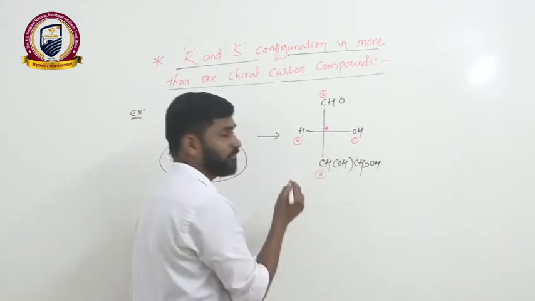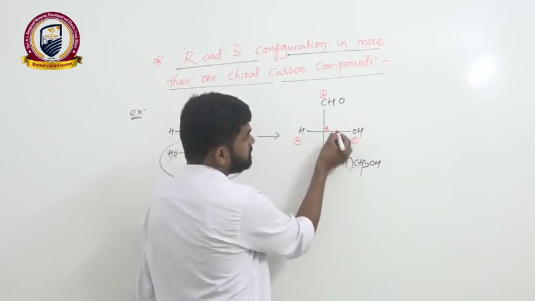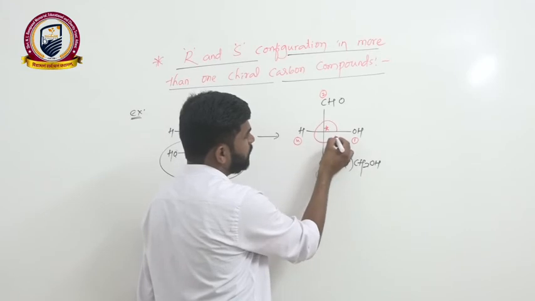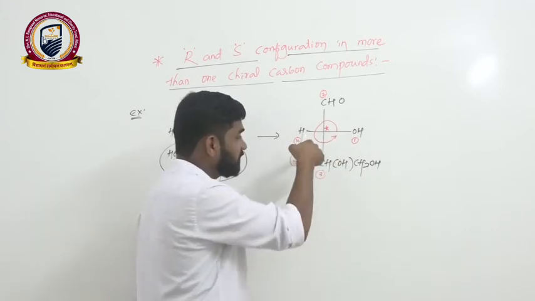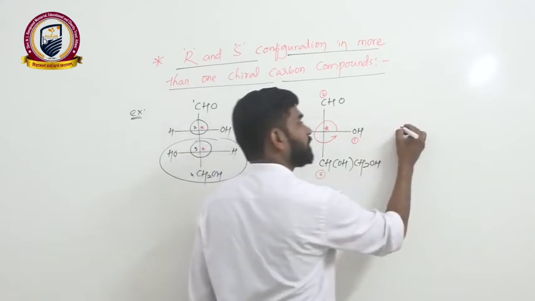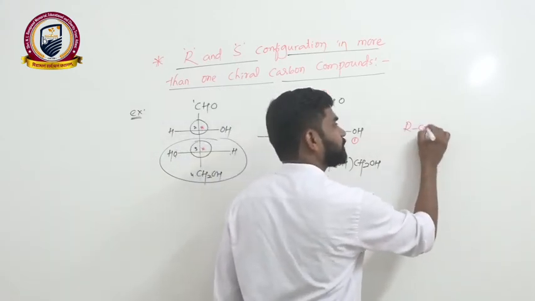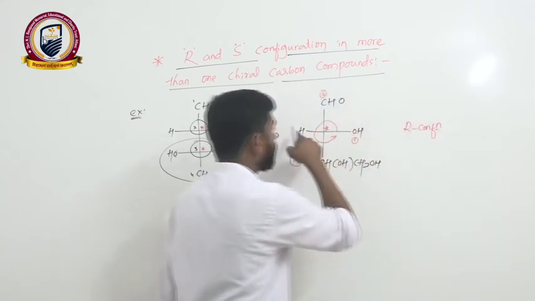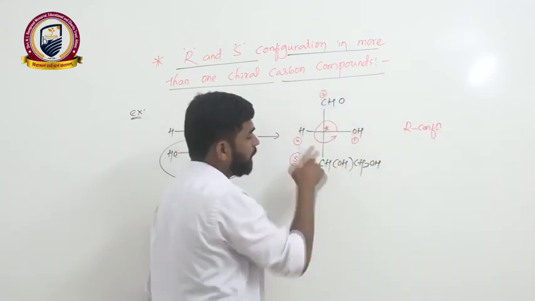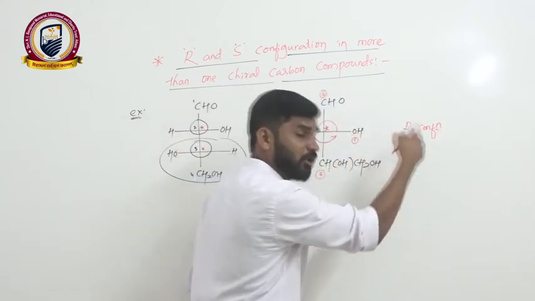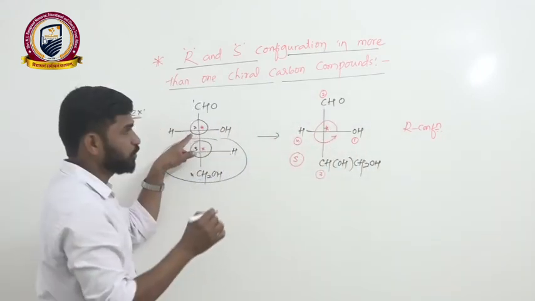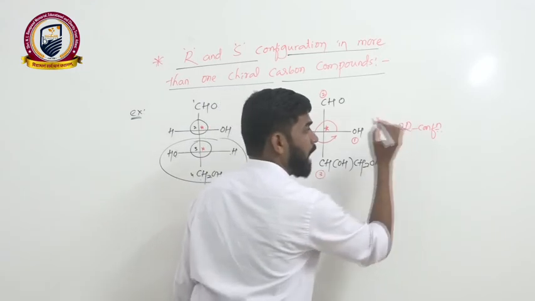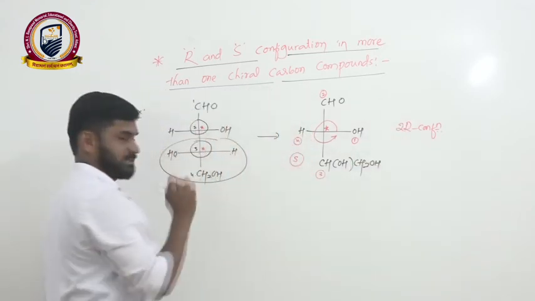So assign the configuration for this one: first, second, and then the third gives an S configuration. Since we are not bringing the lowest priority group to the bottom, we read it as an R configuration. Where is the R configuration? At the second chiral center, yes or no? That's why it is called 2R for the second chiral center.